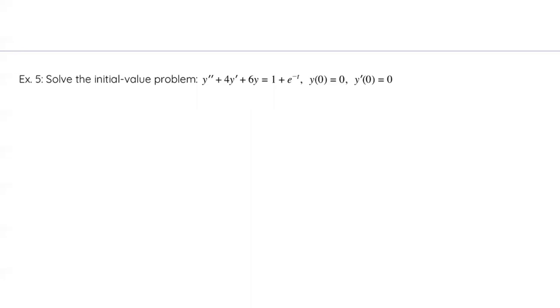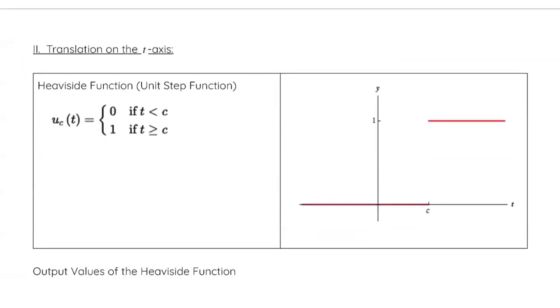And so we'll start tomorrow by going over example number 5, and then we will move on to translation on the t-axis, where we're actually going to take a look at the Heaviside function. Now, I think that word should be familiar because we had that for our very last discussion, right? Thinking about just looking ahead, what are these vocabulary pieces that are coming up, and how might that help us have more access to the content in class, okay?